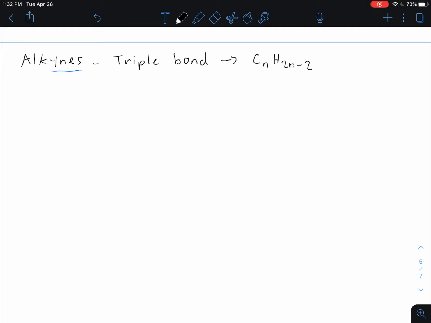So these guys are going to have the formula CnH2n-2. So 2 fewer hydrogens than we'd expect from the alkene. So we can do kind of the same thing, right? We can draw ethane, ethene. So here's ethane.